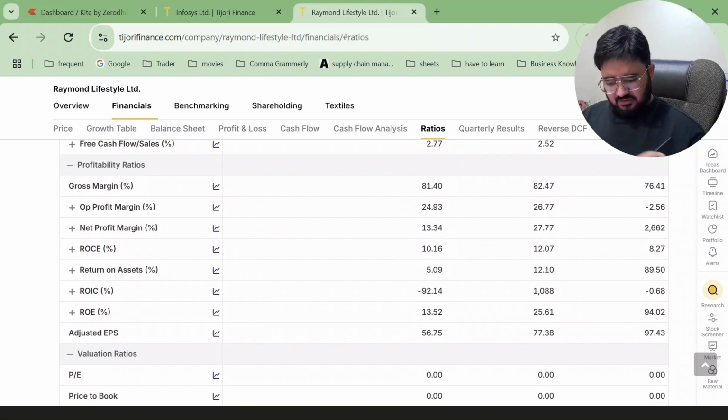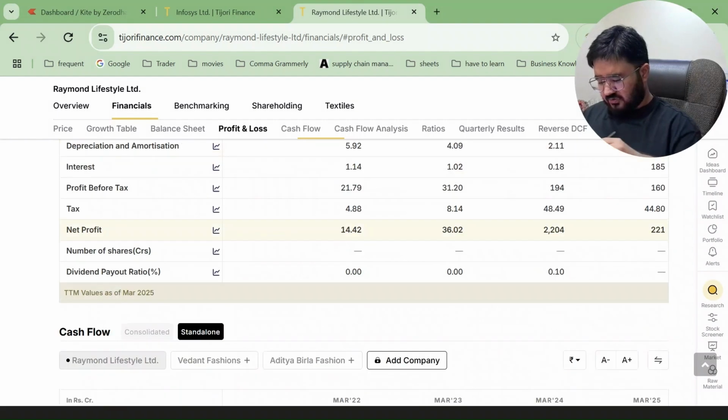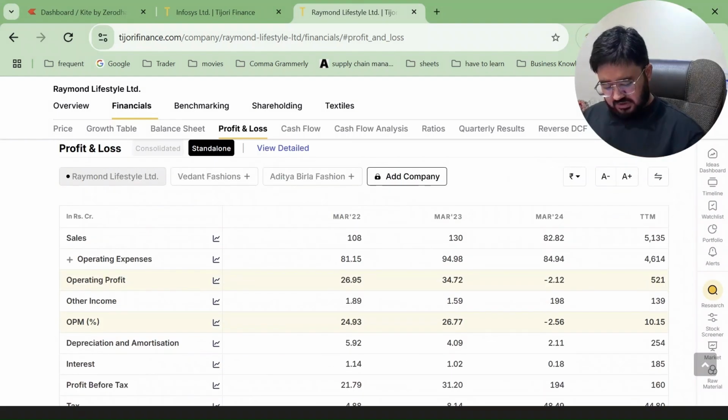If you could see over here, its return on equity is 94.02. And let's see what its PAT is. Let's go to profit and loss.